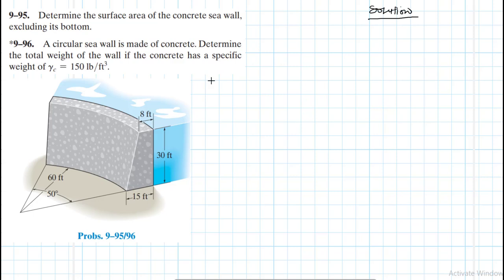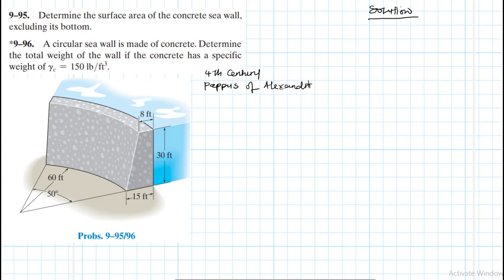We are going to use the theorems that were developed by Pappus of Alexandria. Alexandria, I understand, should be a city in Greece. Pappus developed this theorem in the 4th century.